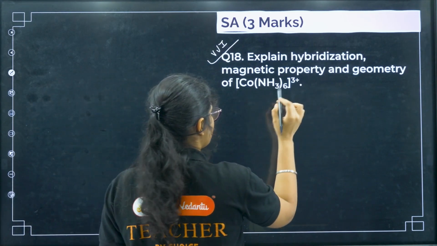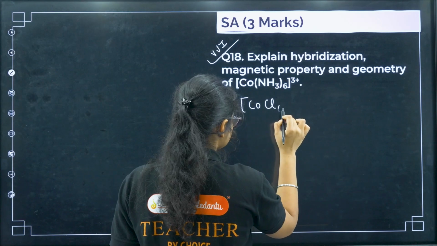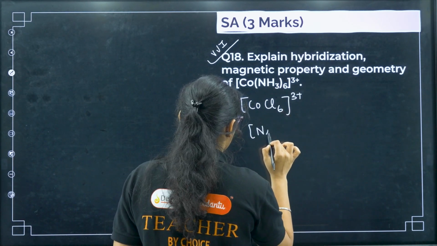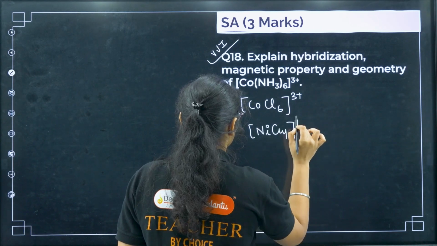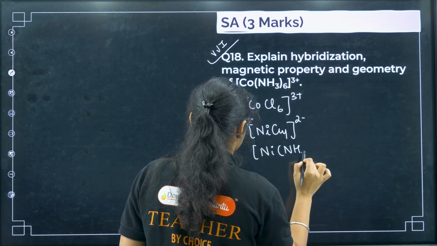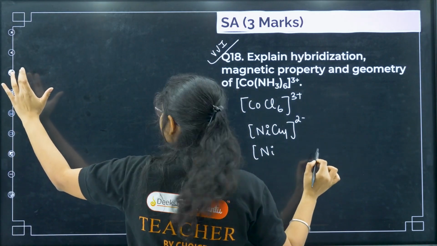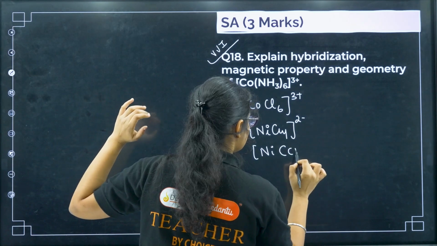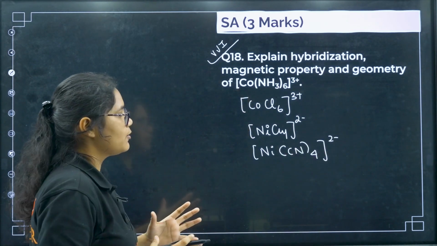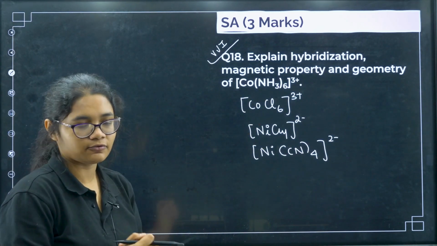Not only for this one, it will also be asked for [CoCl6]3+, then for [NiCl4]2-, and [Ni(CN)4]2-. Okay, so this question is very important. I'll just show you how to write one example. You have to do it in a similar way for all of them.